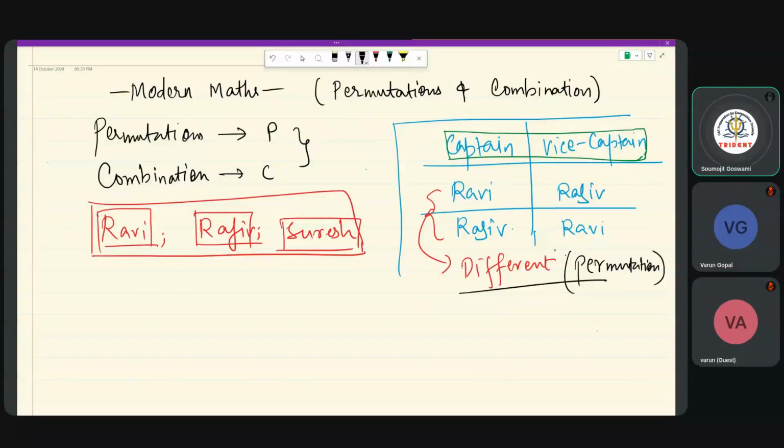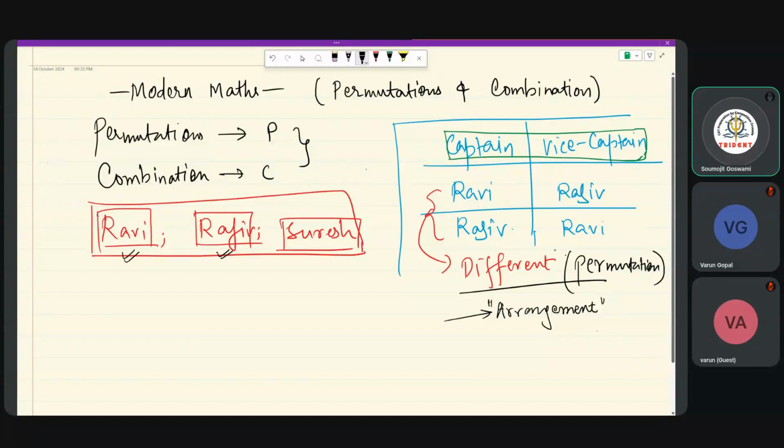Let's not get into distinguishable, non-distinguishable right now, because otherwise it will create a lot of unnecessary problems. What I'm saying is, when we say permutation, when we say arrangement, this is the technical lingo for it. We take two friends and arrange them, right?